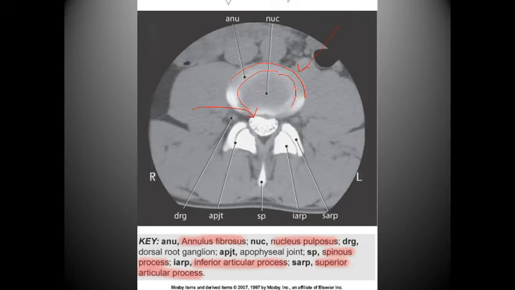This is the nucleus pulposus, which is the gel, and this is the fibrous or tough layer, the annulus fibrosus. We also see the superior articular process and the inferior articular process of the vertebral areas. We have the spinous process here, and that is pretty much it for this.